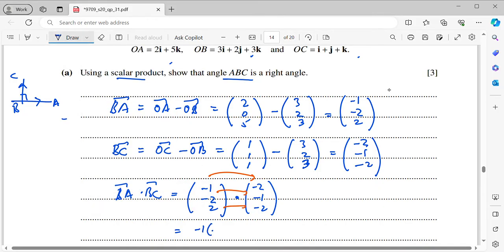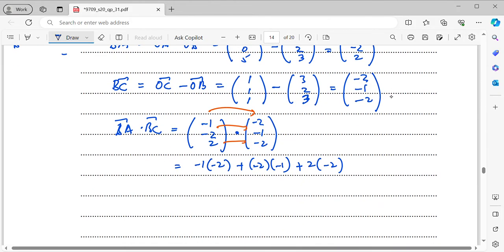It will be minus 1 times minus 2, plus minus 2 times minus 1, plus 2 times minus 2. So the first one is 2, second is 2, the third is minus 4. At last you get 0. Then you can just write angle ABC is a right angle, because the scalar product is 0.